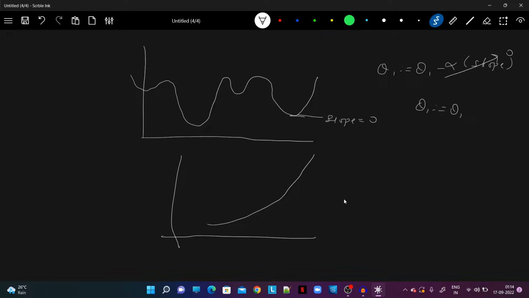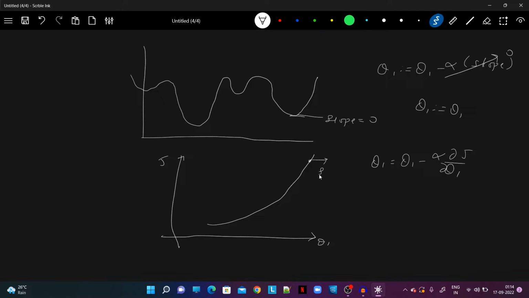Then theta 1 is equal to theta 1 minus alpha times del J of theta 1 by del theta 1. In this case, suppose your theta 1 value was here somewhere. This is the cost function and this is theta 1.